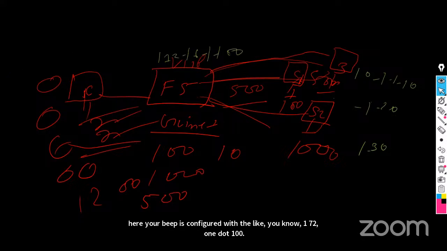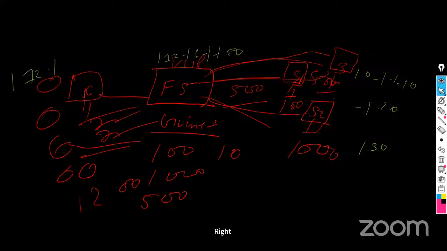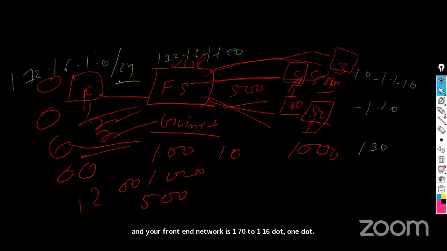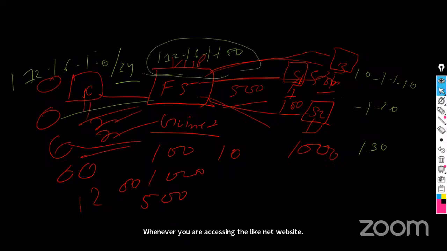Your front end network is 172.16.1.0/24. Whenever you access the GUI net website, you only see this IP. You never know the server's IP behind it.